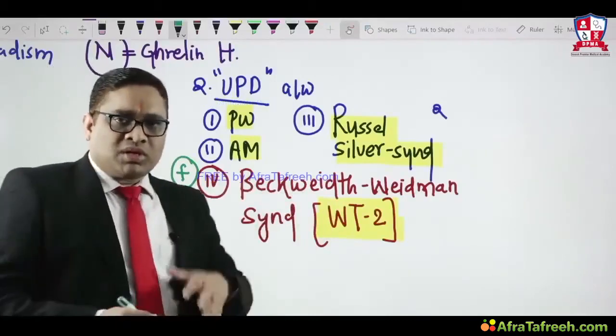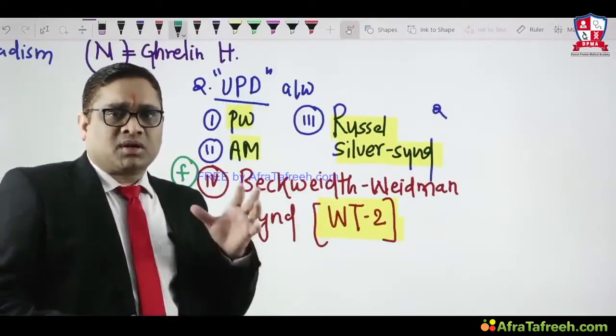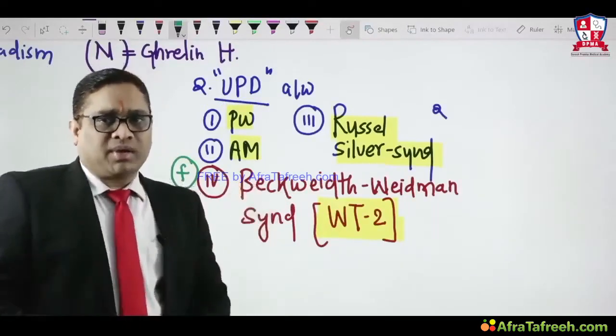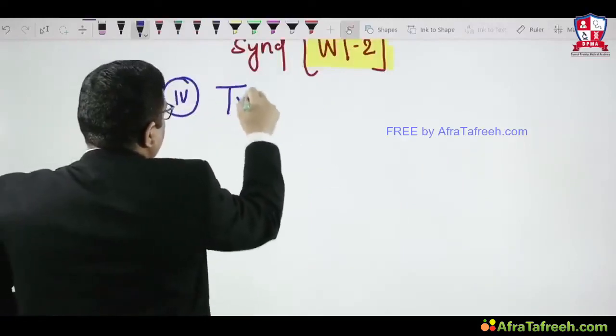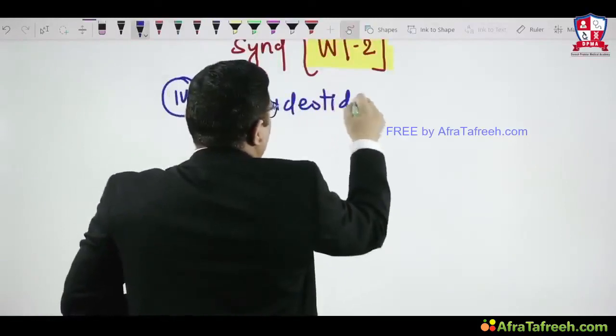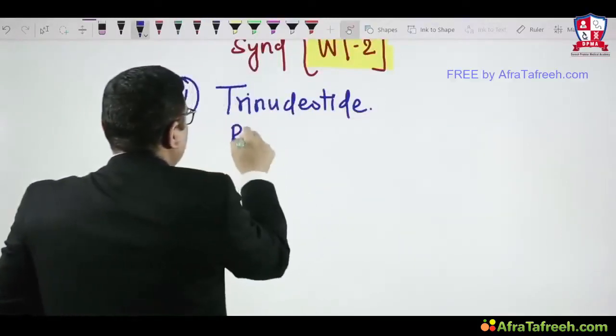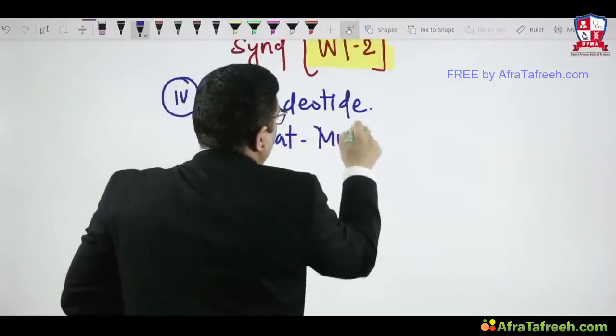Now we will move to the last non-classical inheritance, which is trinucleotide repeat mutation, the 4th non-classical inheritance. Another important topic where the examiner asks questions.